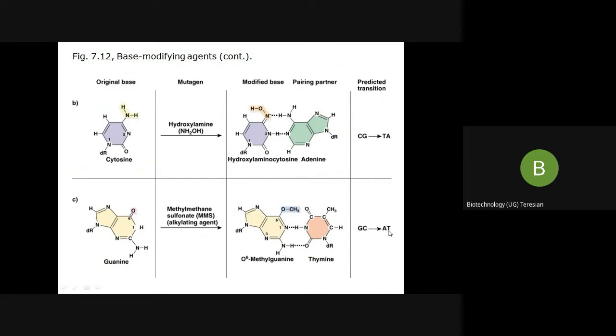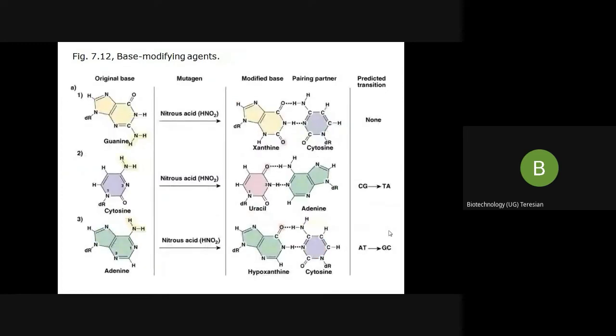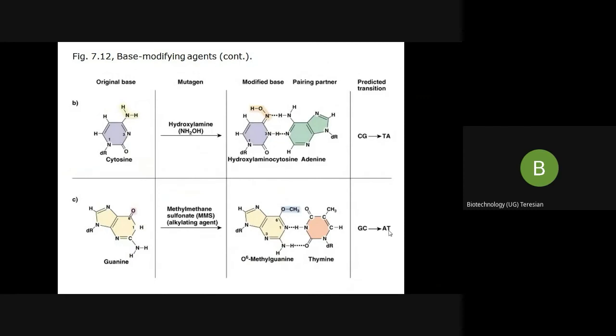So these are chemicals like hydroxylamine, methyl methane sulfonate, and nitrous acid. All these can bring about base modification. They modify the original bases into some other bases and form a pairing partner with another base.